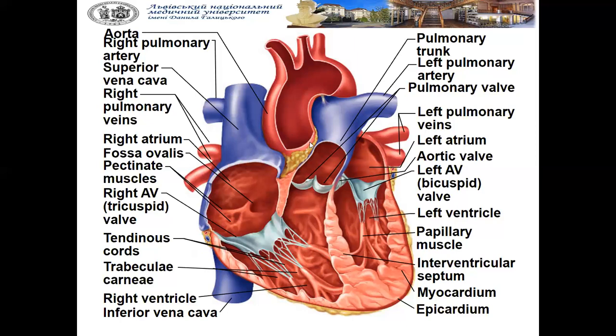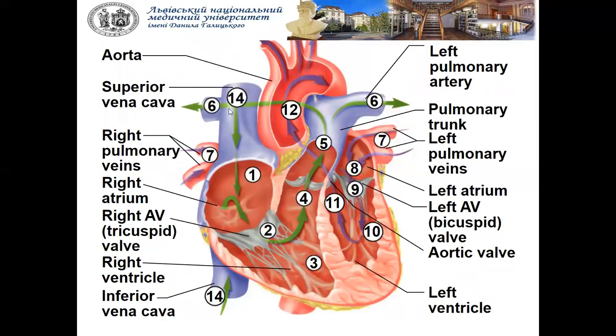So all the time I see the picture, the blood goes this way: from the pulmonary veins into the left atrium, from the left atrium into the left ventricle, from the left ventricle into the aorta, goes into the body, right?